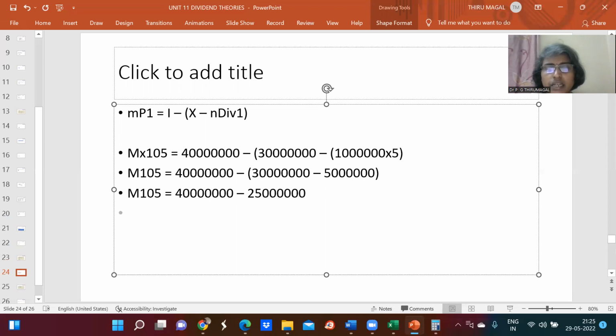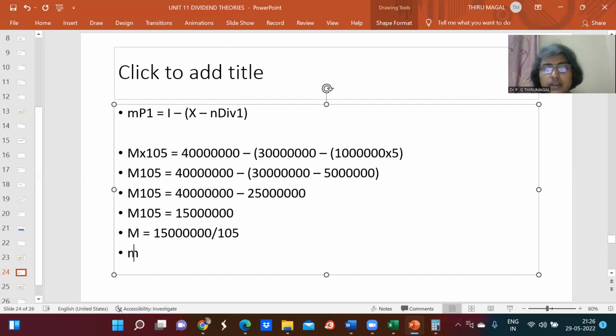Now we will simplify again. M into 105 equals 4 crore minus 2 crore 50 lakhs, which means 1 crore 50 lakhs. 1 crore 50 lakhs is the value. Now we require the value of M. M equals 1 crore 50 lakhs divided by 105.